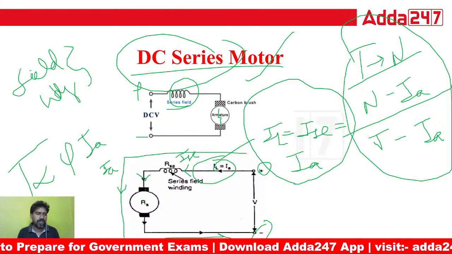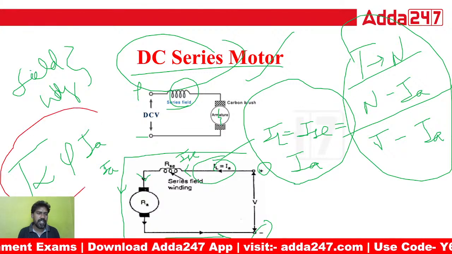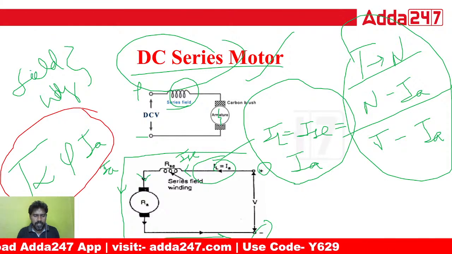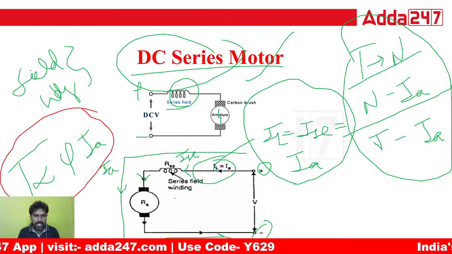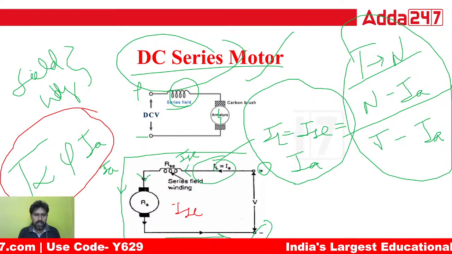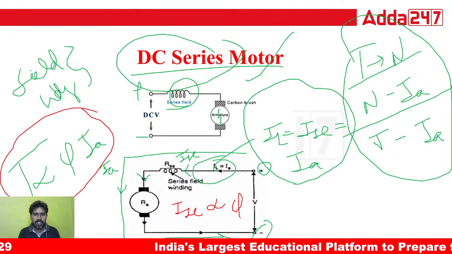flux into armature current, you can keep that in mind. If you want to draw the characteristics, you must know the relationship between all the terms. For the series field winding, ISE is directly proportional to flux.